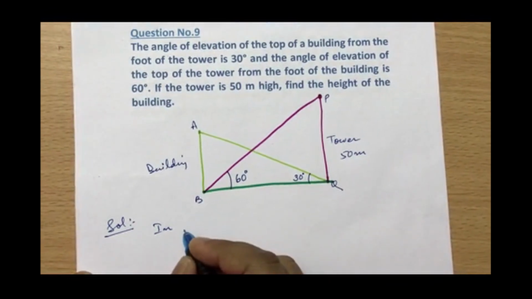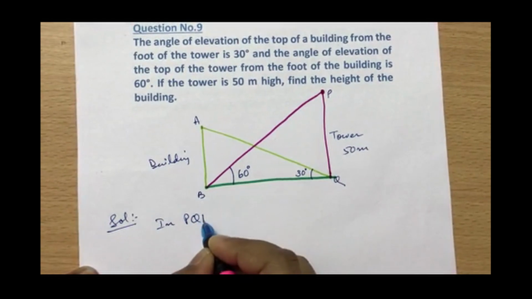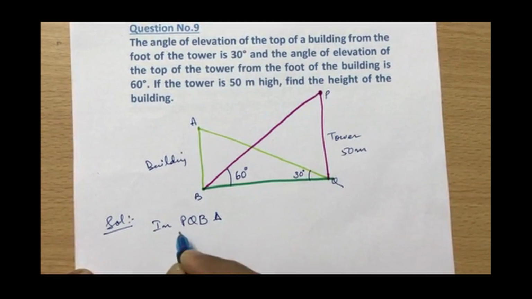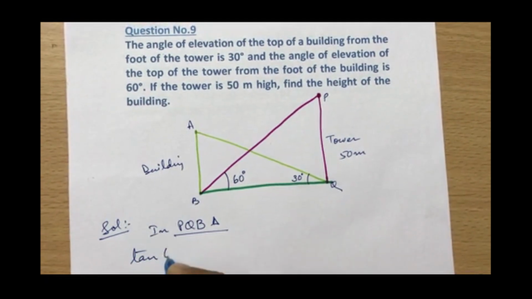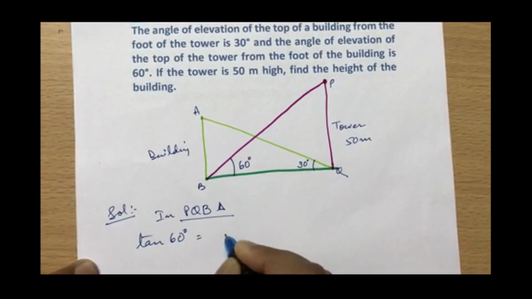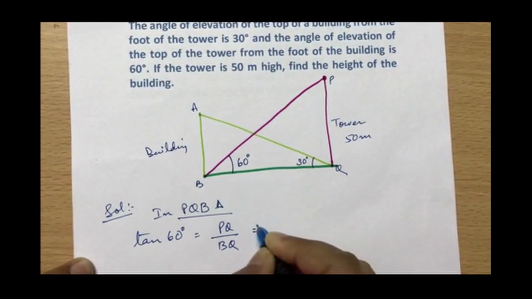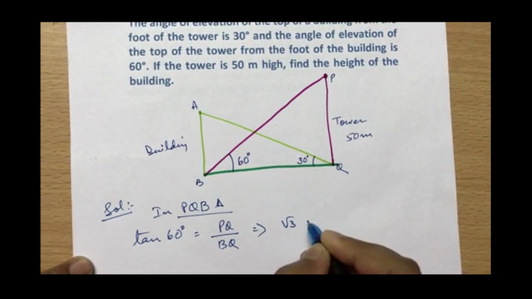If you take out your copies, in triangle PQB, what do you have? I can straightway say that tan 60 degrees is equal to PQ by BQ. What is tan 60 degrees? It is root 3.